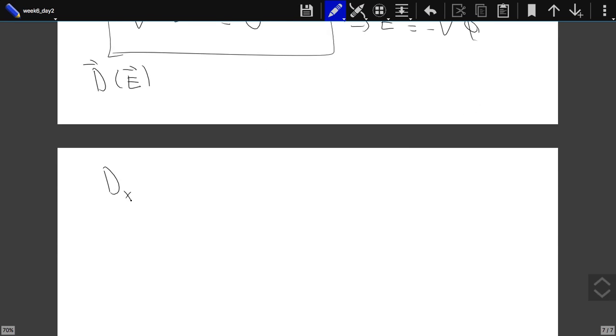So if you write them in terms of components, the X component of this D field can be proportional to the X component of the electric field, to the Y component of the electric field, and the Z component of the electric field.